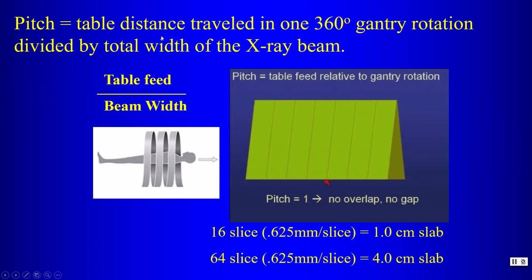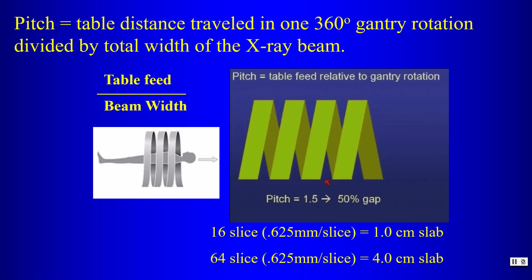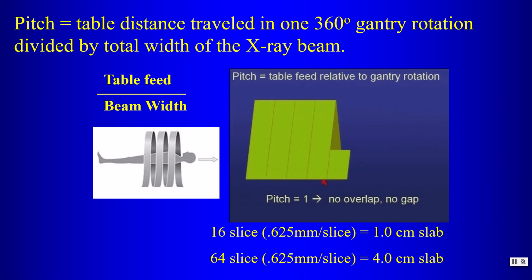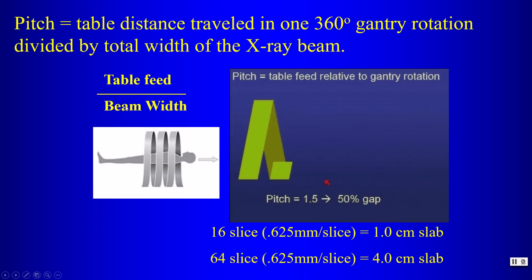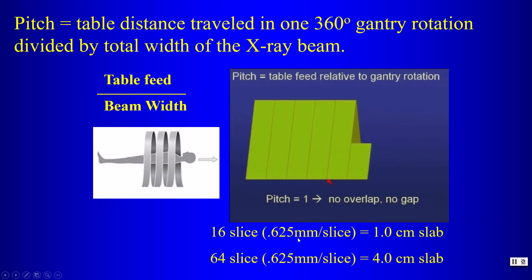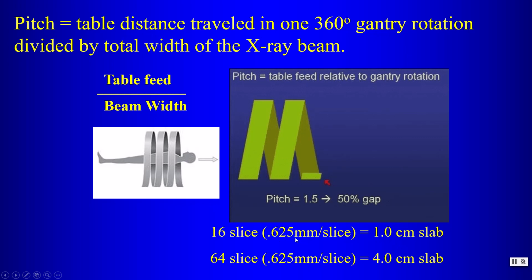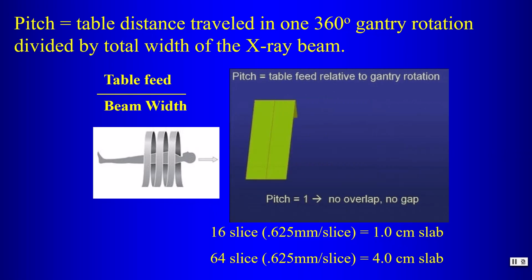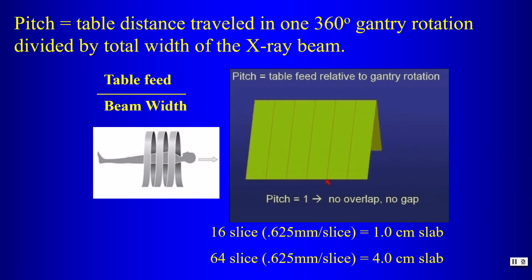The pitch is the table distance that is traveled in one 360-degree gantry rotation divided by the total width of the X-ray beam. So again, you have this formula of the table feed divided by the beam width. So what does this mean? If we have a 16 slice CT scanner where each slice is 0.625 millimeters, then we have a 1 centimeter slab that is scanned, 1 centimeter of tissue scanned every time the gantry goes around.